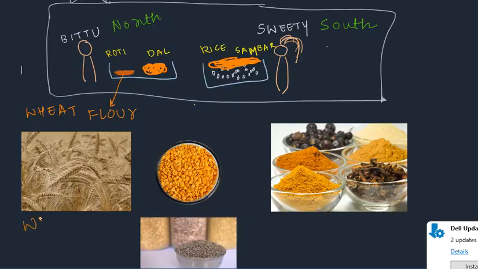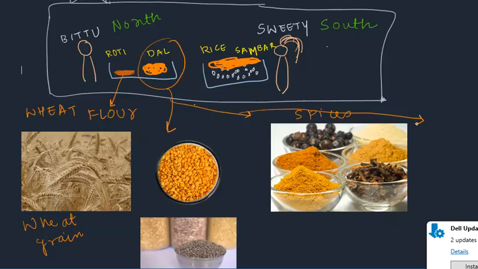So the basic source is the wheat grain, or you can call it wheat grass. Now what does dal consist of? Dal consists of dal and spices, and some people also put ghee.